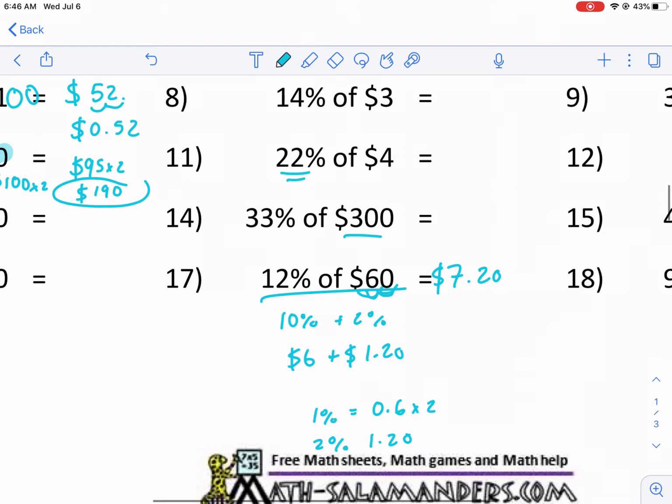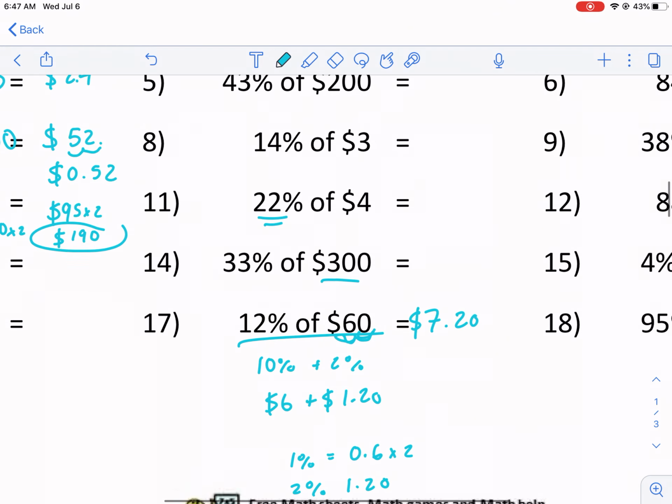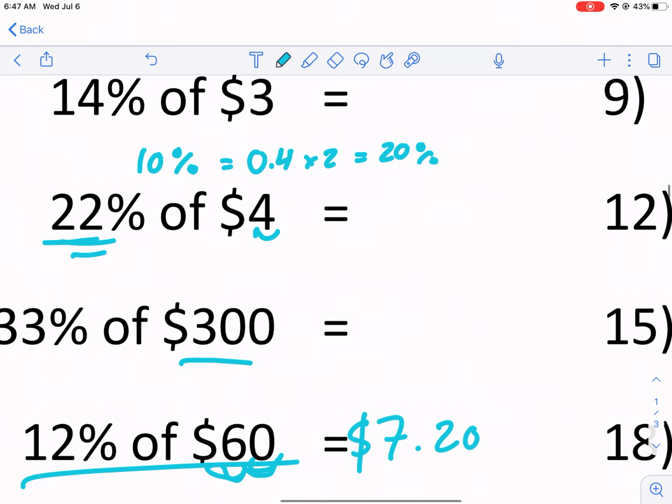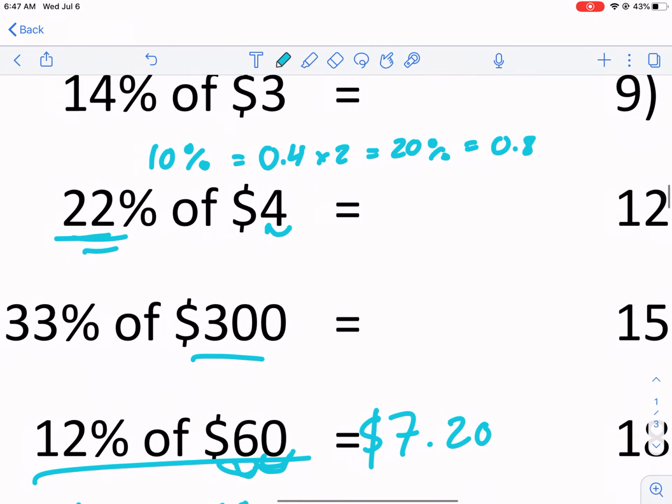Very similar process. And then lastly, let's do this number 11. So I need to find 10% first. So 10% first is, I'm going to move it over once. That's 40 cents. Okay, I need two of those because we're talking about 20%. So 20% would be times 2. So that's 80 cents. So 80 cents for 20%.